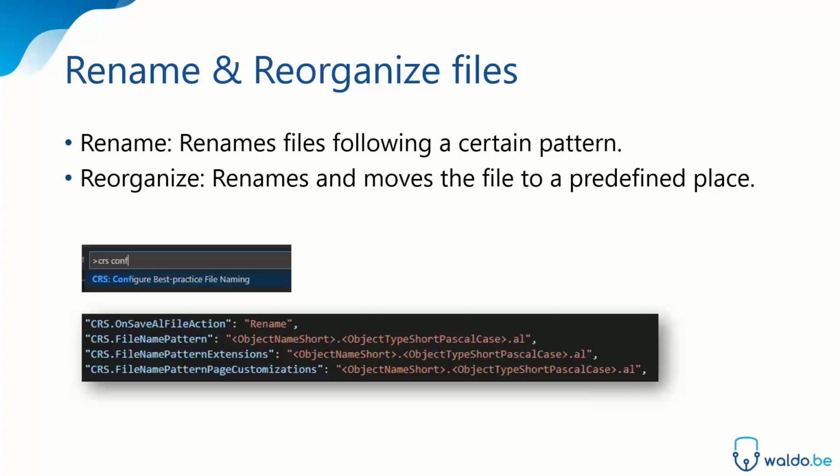Well, this has a history, obviously. From the moment I saw that we needed to comply with a certain naming convention for files, I decided, look, I don't want to put my developers through the pain of maintaining file names and stuff like that. So I started to build that within the extension as well.